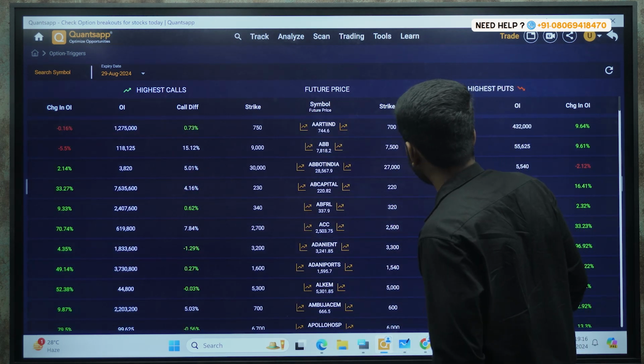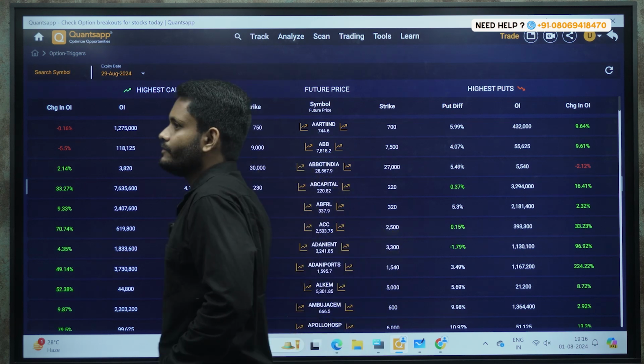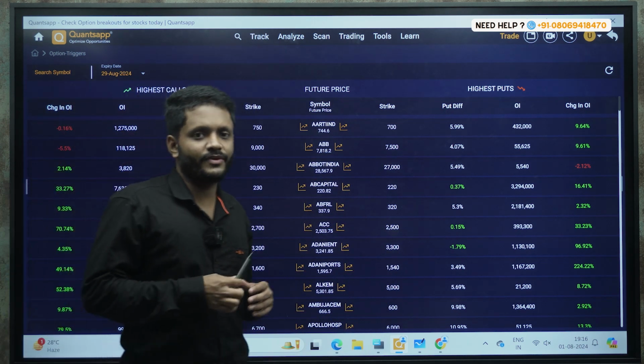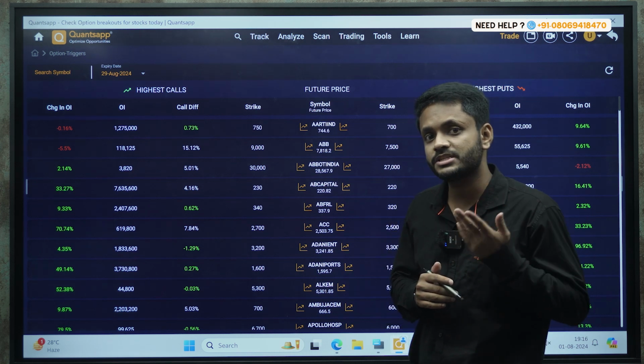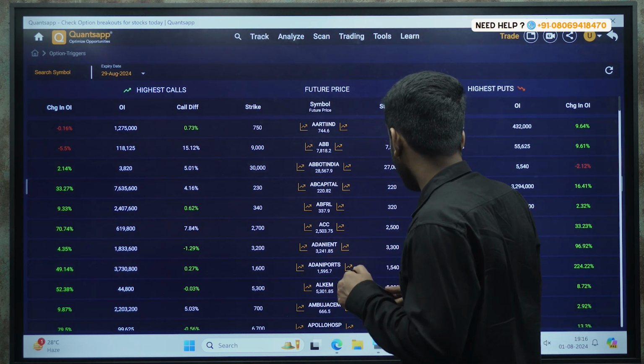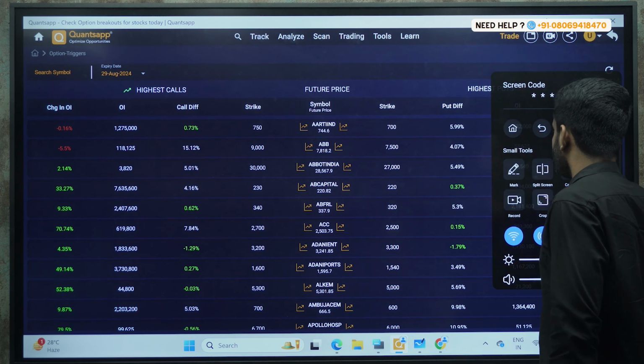So let's start with Triggers first. This is an intraday option buying tool. Also we'll discuss a few strategies wherein you can minimize your losses if you are willing to carry your positions overnight. Give me a second, let me explain Triggers.